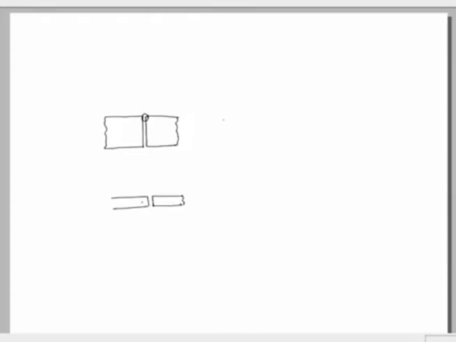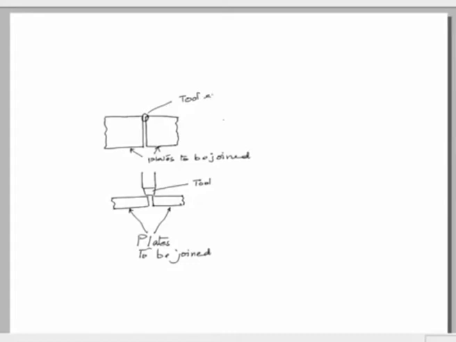These are the two plates to be joined, and this is the tool we can use, and this tool can have different configurations. And this is the tool end.